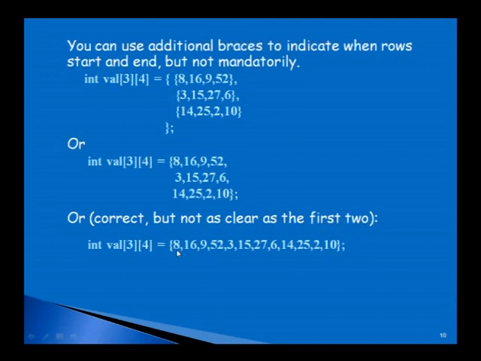If we are assigning all these 12 values, then in the first row 4 values would be taken and in the second row 4 values would be taken, and so on. That way we could initialize the values of a 2-dimensional array. We will see later what the advantage of specifying braces after each row is.